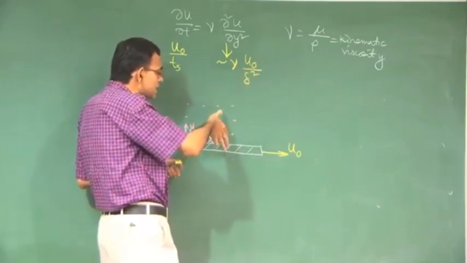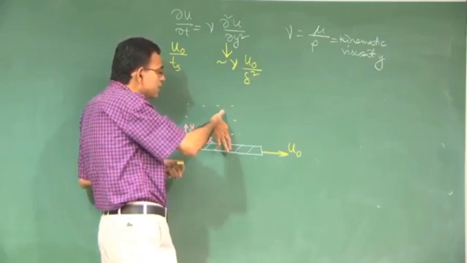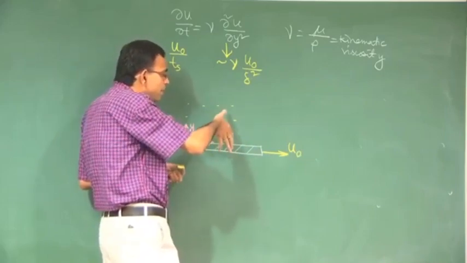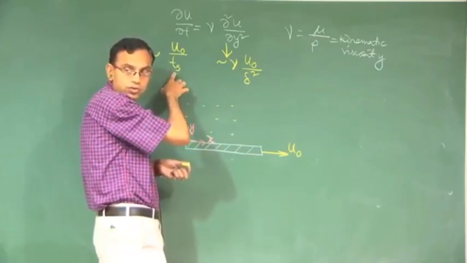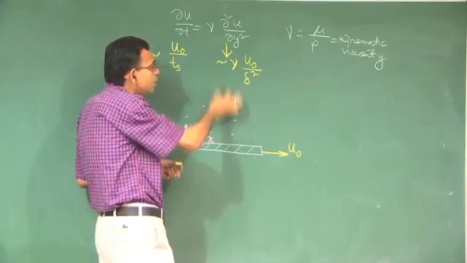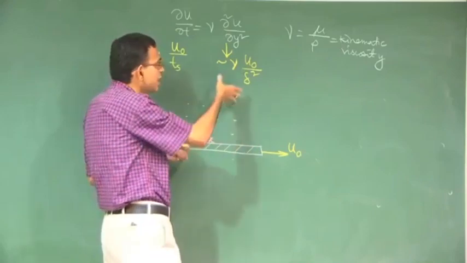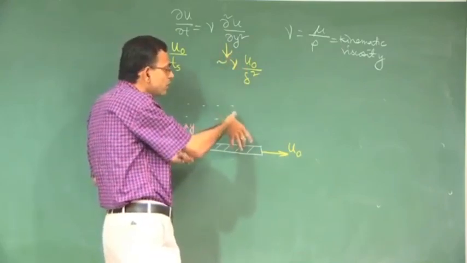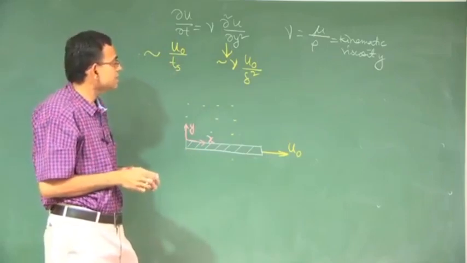This delta is how much thickness of the fluid responds to the movement of the plate at a time t equal to ts. Beyond this delta, the outer fluid does not understand that there is a plate which is moving, because there the velocity remains 0; only within this delta layer the velocity changes.